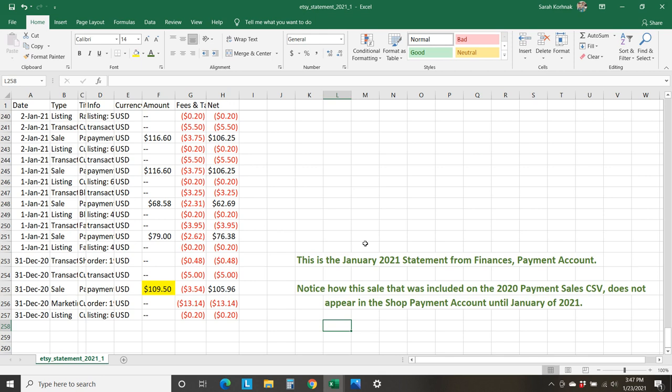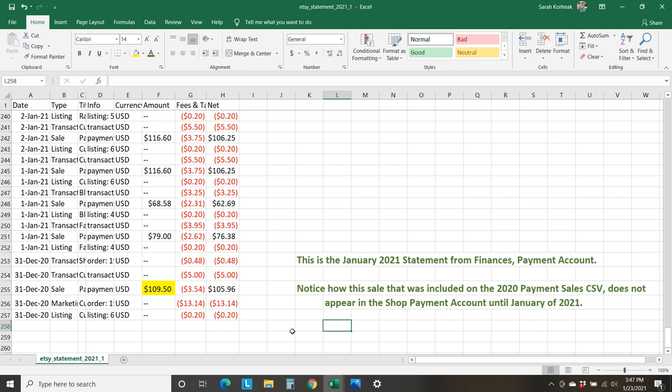So I downloaded the January 2021 statement from the shop payment account. And that is where this sale appears that was made on December 31st, but it doesn't get included on the shop payment account statement until January.